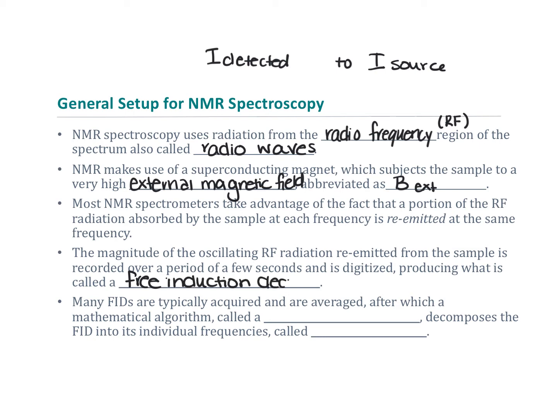This is abbreviated as FID, okay? Many FIDs are typically acquired and averaged, after which a mathematical algorithm called Fourier transform decomposes the FID into its individual frequencies called signals.